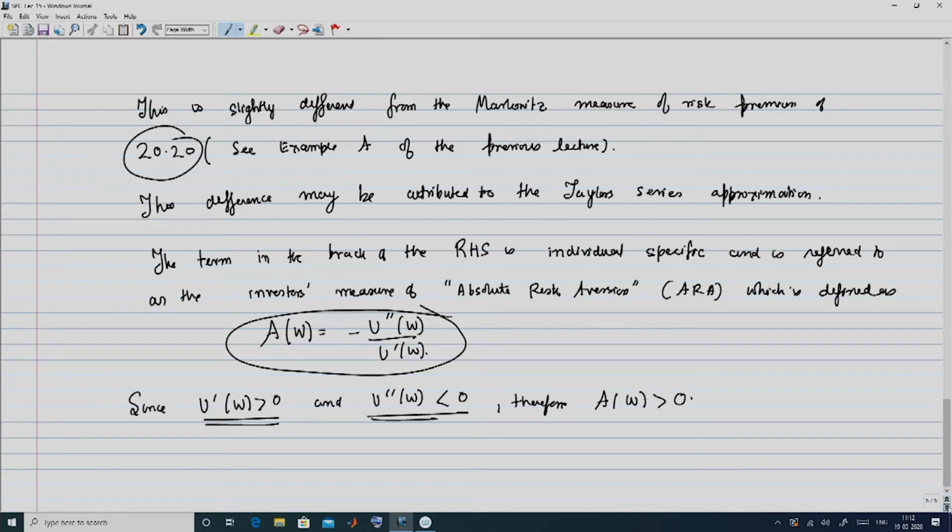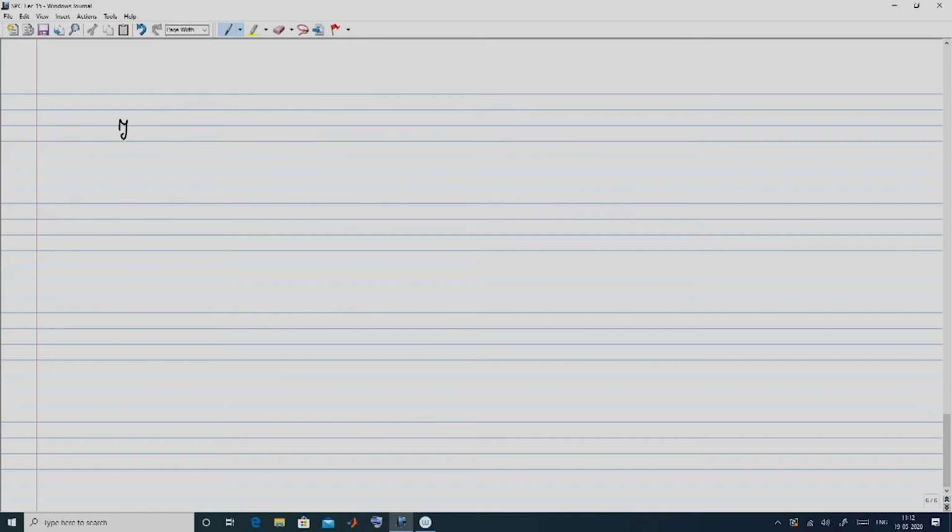So, now I will make a couple of observations, and it is the following. The size of the risk premium phi W Z tilde is, as I have already pointed out, determined by the product of two terms.